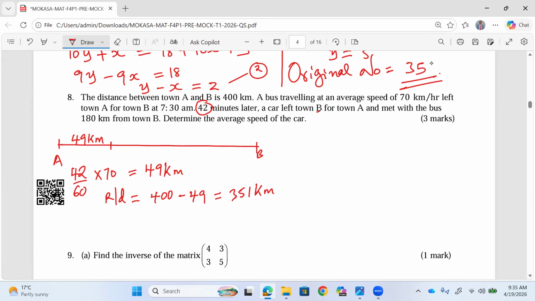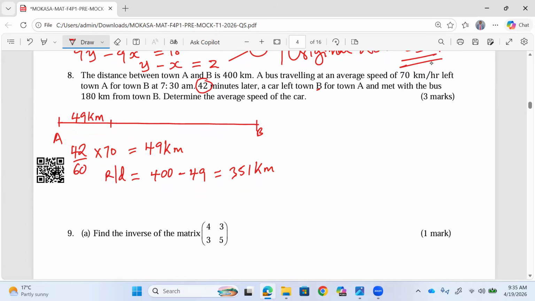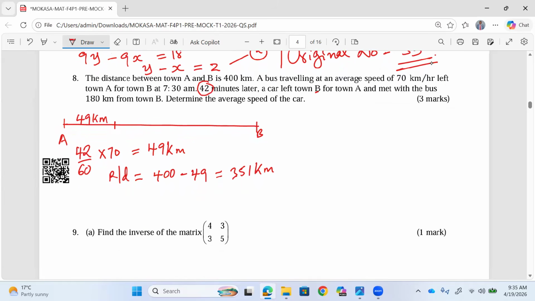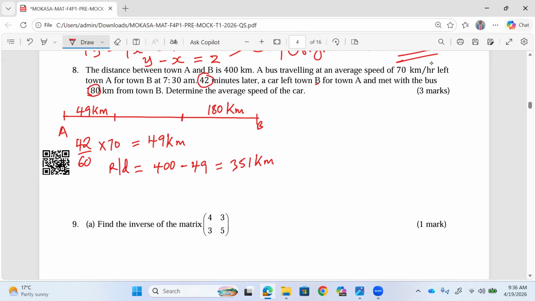But now, when they will be meeting, just look at this. When they will be meeting, it will be 180 kilometers from B. So they shall meet at a point 180 from B. Meaning that by the time they are meeting, the car will have covered 180 kilometers.